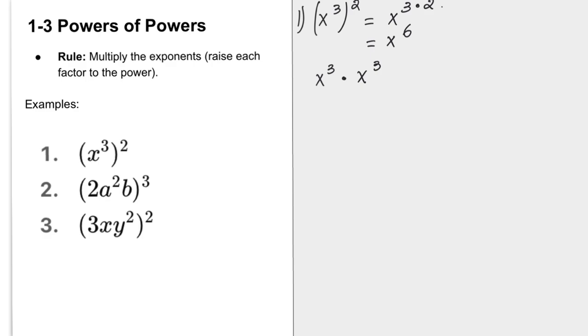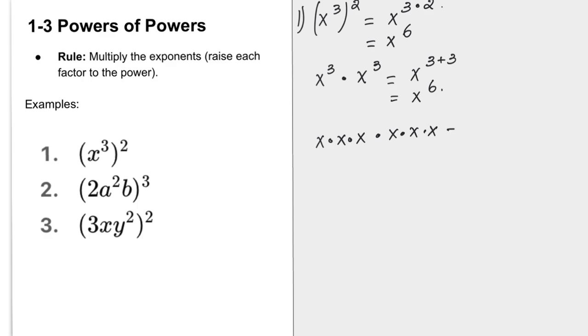And if we go ahead and expand a bit more or follow the multiplication rule, we know that we're going to add the exponents. So when we do that, we can clearly see there's 6 x's. We can go ahead and expand even more. So 3 x's multiplied with another 3 x's.